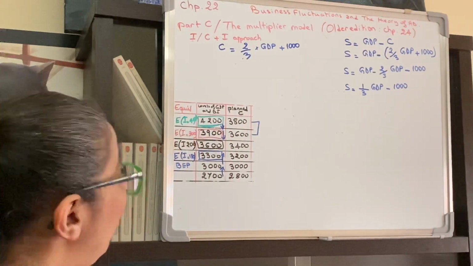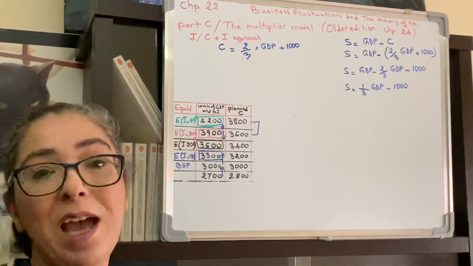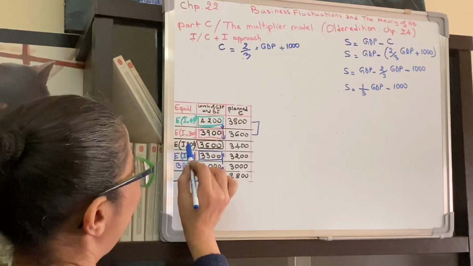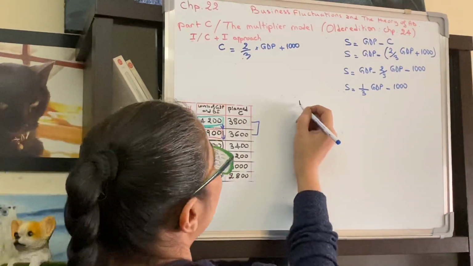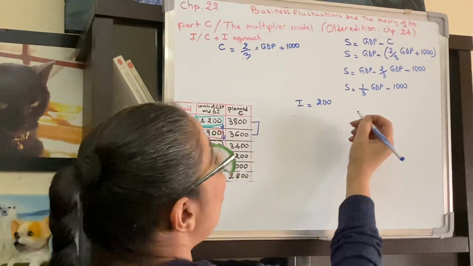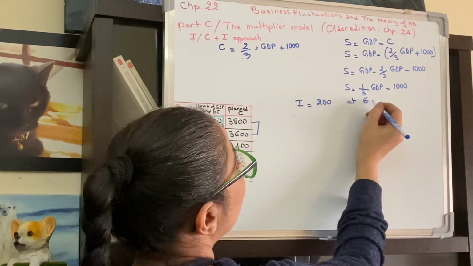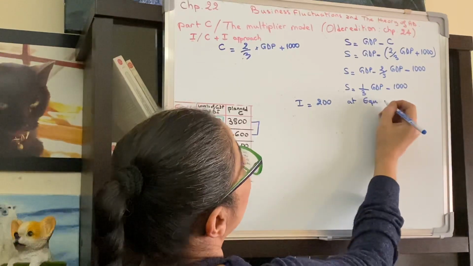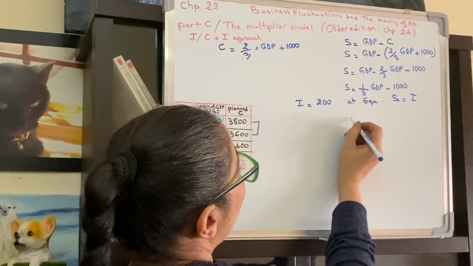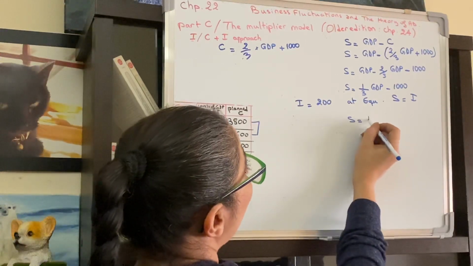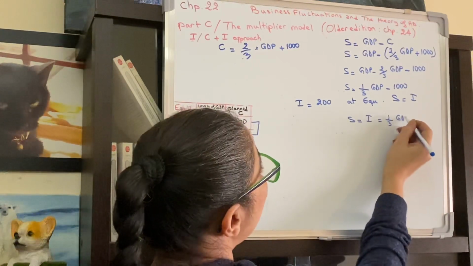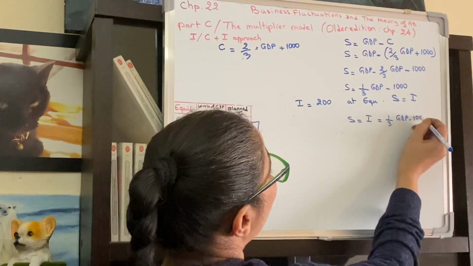Now, I'm looking for the same equilibrium. I need to find the same number using both approaches. So now I'm going to assume that investment is equal to 200. I know that at equilibrium, S is equal to I. So here, S is equal to I, which is equal to 1 over 3 GDP minus 1000.